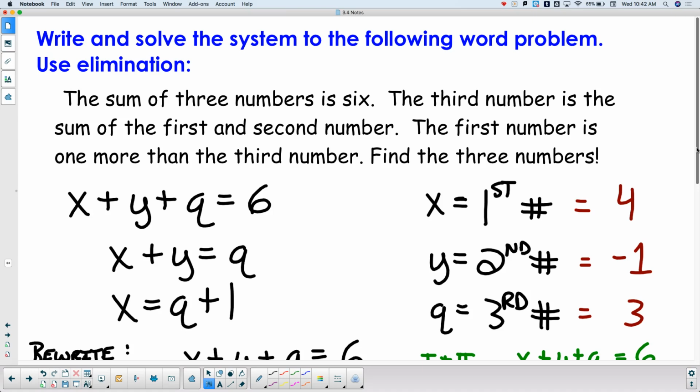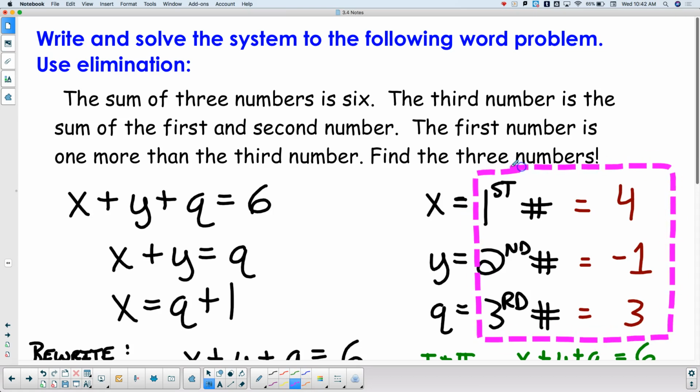That all checks out. So my answers have to be in that order. Otherwise, it doesn't work out. If I put it in a different order, it doesn't work out. Which is why we define the variables here as first number, second number, and third number.